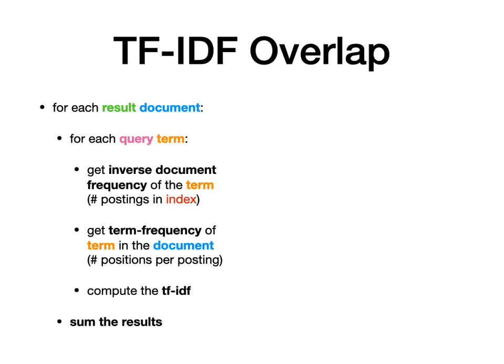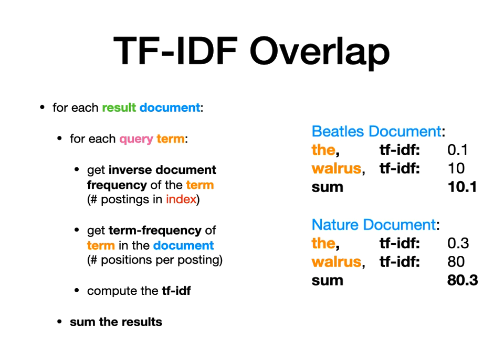So looking at two of our quick examples we've poked around in, the Beatles document, right? The TF-IDF value for "the" is going to be that of a super frequent word, right? It's going to happen fairly regularly, so it's going to end up with a very low score.